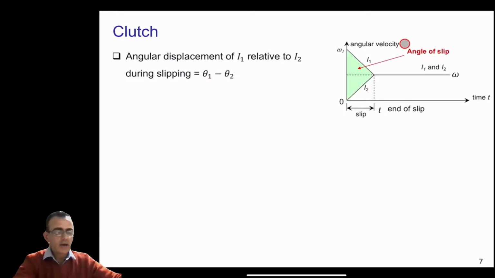Okay, now we are interested to calculate the work done in this slippage here, and for this reason we want to calculate the angular displacement of I1 relative to I2 during slipping, and we can write this as theta1 minus theta2.